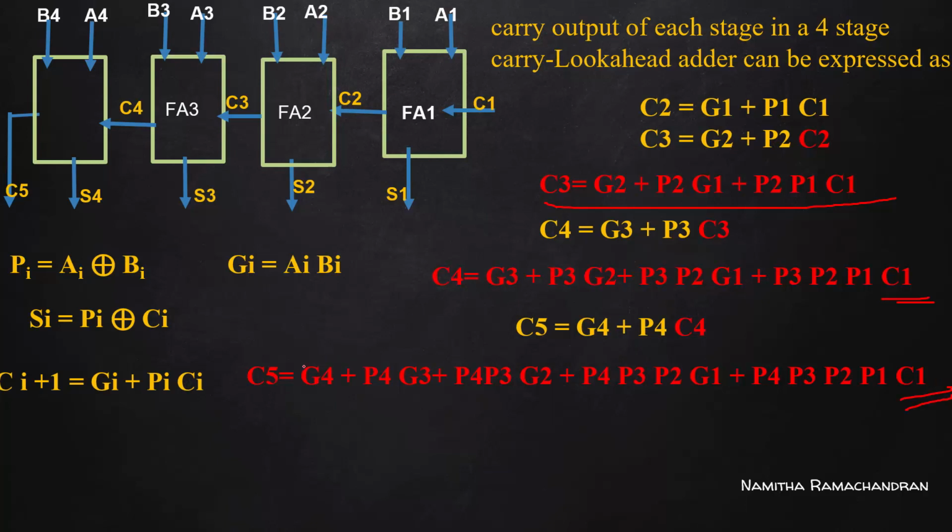So it eliminates that carry propagation time. So this is how we can eliminate our carry propagation time while modifying our carry expression in our carry lookahead circuit. So this is the modification.